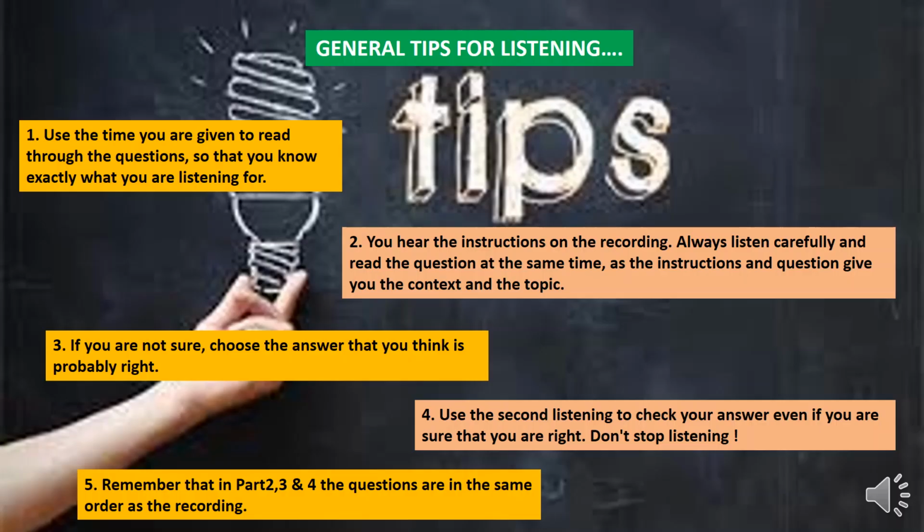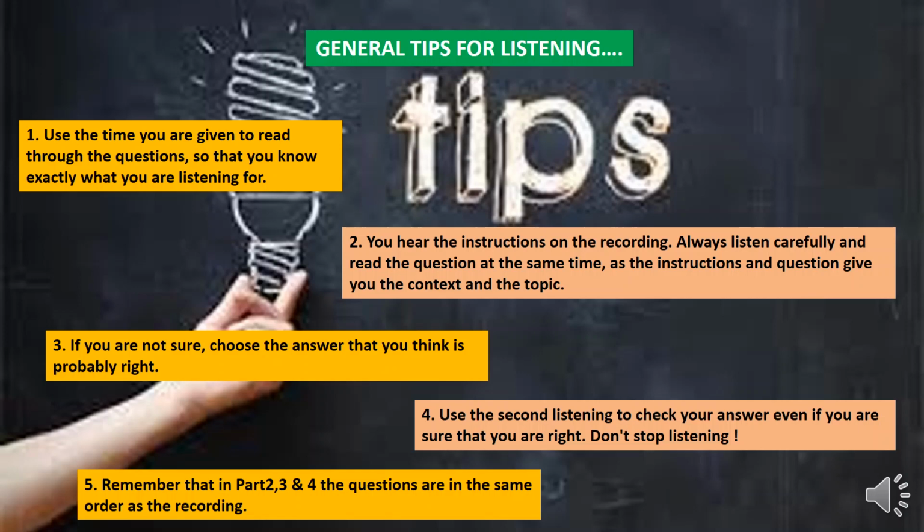So, we talked about part 3 and part 4, but for the overall listening test, let's see some of the general tips which we can use while doing this listening task. Use the time you are given to read through the questions so that you know exactly what you are listening for. You hear the instructions on the recording.